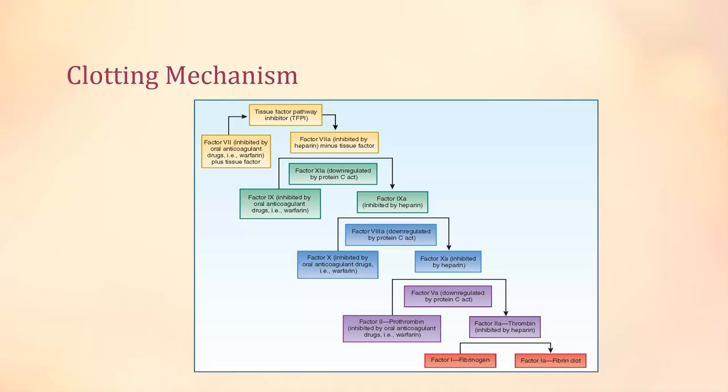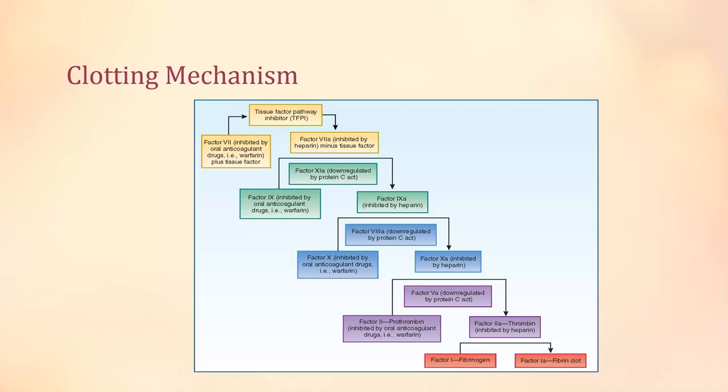Although the exact details of the clotting mechanisms are not fully understood, it's generally accepted that clotting occurs when several circulating proteins interact in a cascading series of limited proteolytic actions.